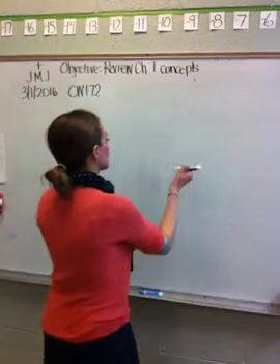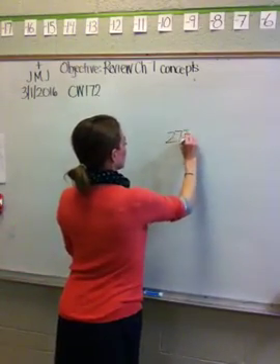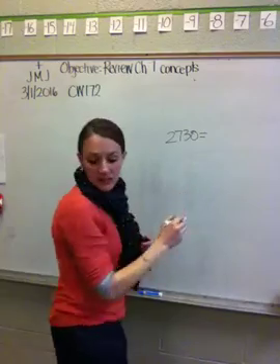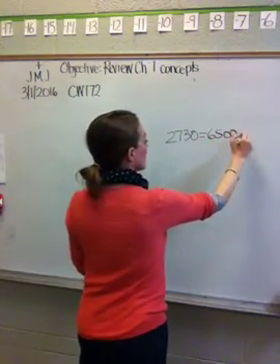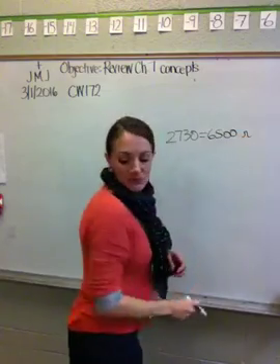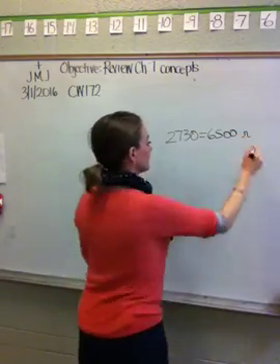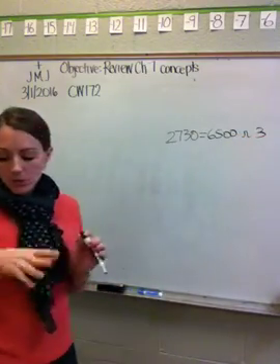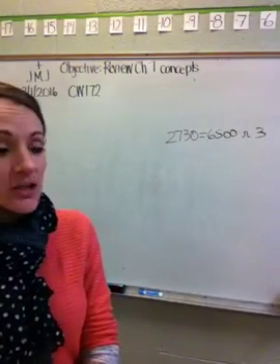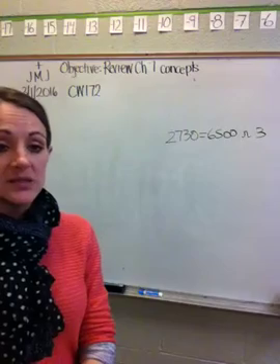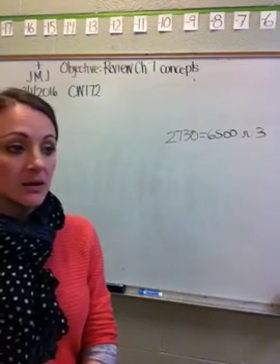So $2,730 is your interest, equal to 6,500 times your R times your 3. You would solve for R, balance your equation, and you get 14%. Are we okay there? Yes.